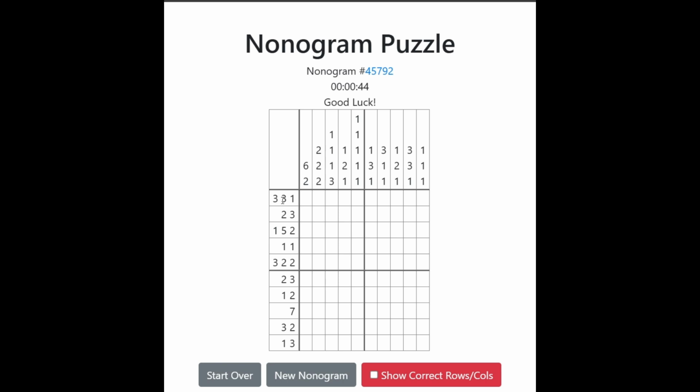So, I'll explain what I understand the rules to be. I believe it's a 10 by 10 grid, and these numbers represent how many black squares there are. So you can see we can fill them up or get rid of them. And if it's 3, 3, 1, that means somewhere there's a 3, and there's a 1, and there's a 3.